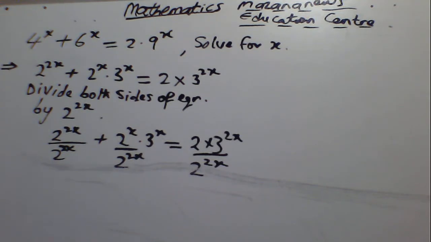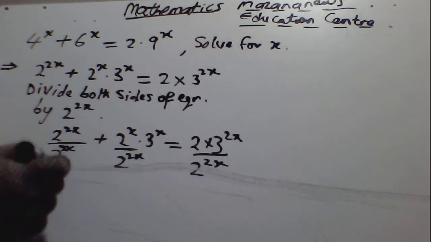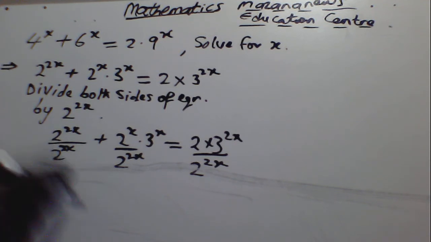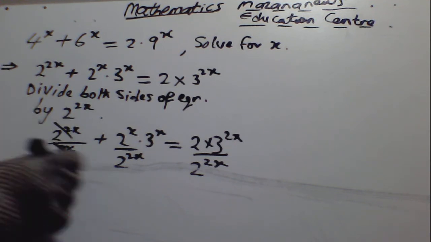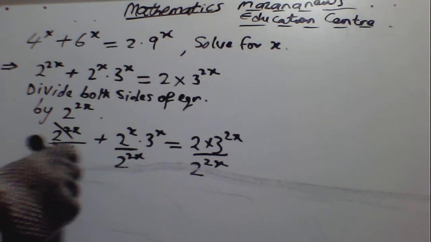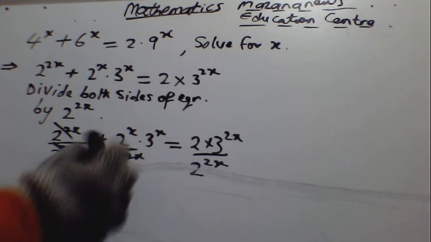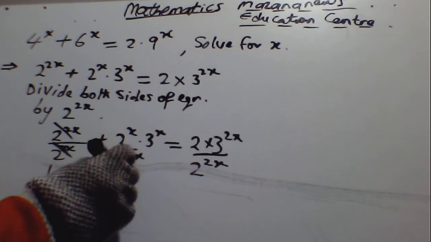When you see power, it is the same as exponent. So the next is this can cancel out. You have done indices: when the bases are equal with equal power, they cancel out to give us 1. So this is equal to 1 plus, this is the same as 2 raised to power x minus 2x.